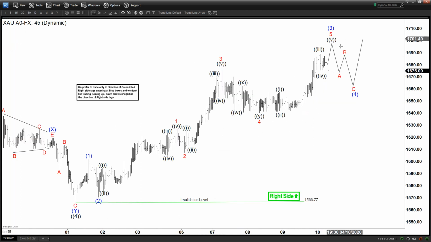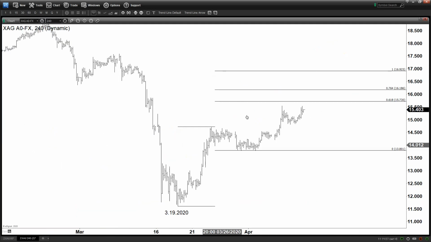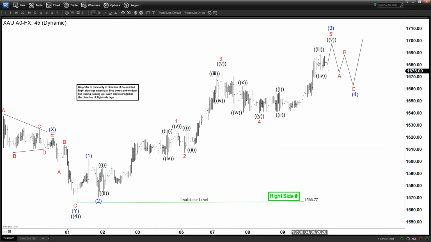That means gold also technically still has a chance to extend higher, even though the structure is a little bit different and has many different possibilities. You can call it completed, 1, 2, 3, 4, 5, and so on. But looking at silver, based on correlation, it suggests that most likely we can also see further extension higher in gold. So the shorter cycle remains the same as long as we can stay above 1566.